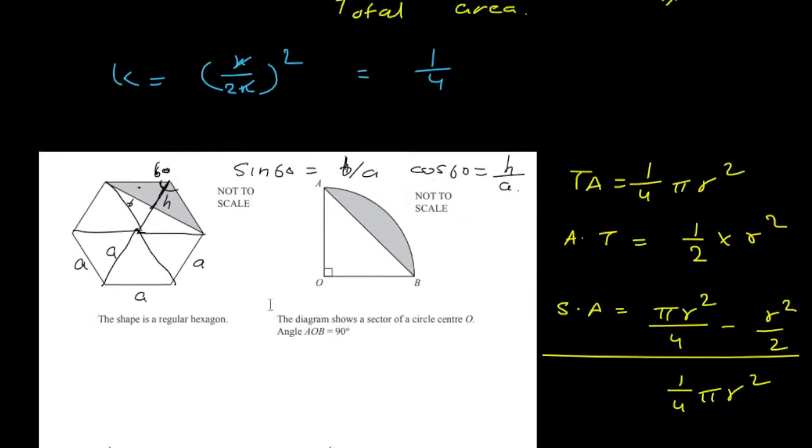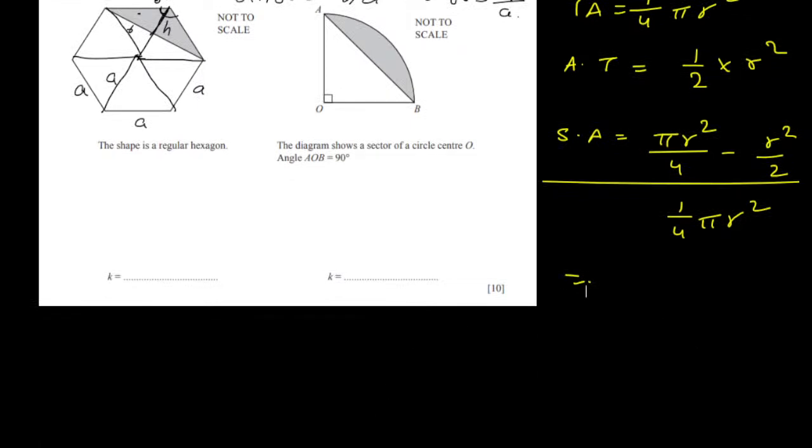In the numerator we calculate pi by 4 minus 1 by 2, which is 0.5 only, and this whole is divided by pi divided by 4. So the answer we are getting is 0.785, something like this.